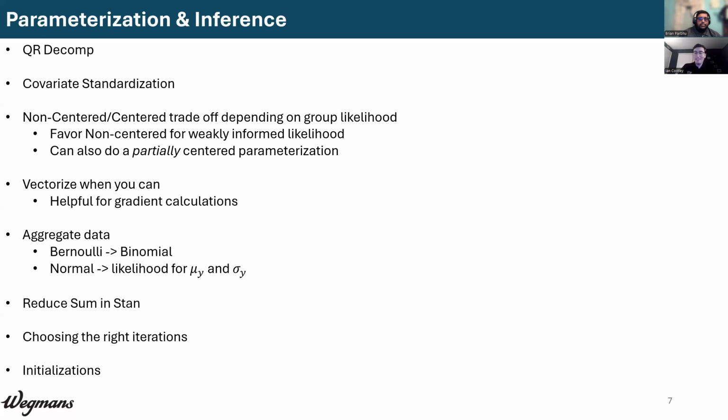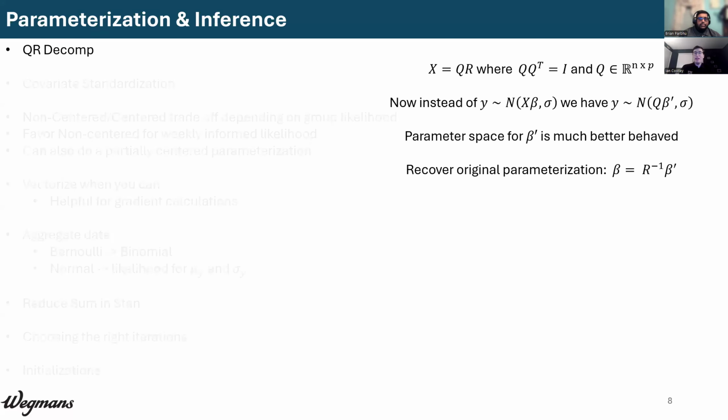Number one, hands down, got to be Mr. QR decomposition. For those of you that aren't familiar with the QR decomp, haven't seen the light, this is a matrix factorization method where you take your model matrix X, oh good, my laser pointer's working, decompose it into two matrices Q and R, where Q is an orthogonal matrix.